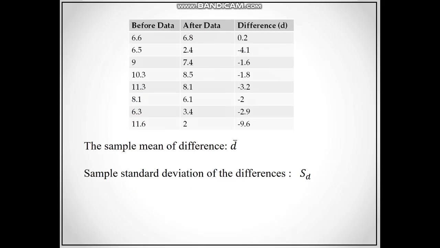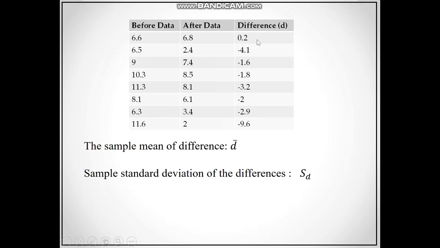So how can we calculate the t statistics? From this column, first of all, I have to measure the mean of the d, which is d bar, which is the sum of these values divided by the number of samples, giving us d bar, or the sample mean of difference. And also we have to measure the standard deviation of the difference, right?